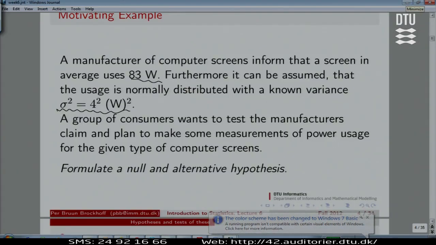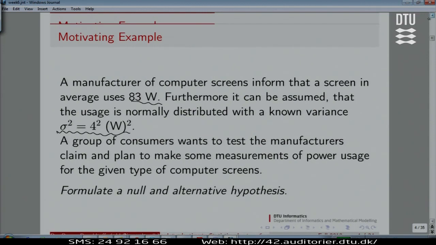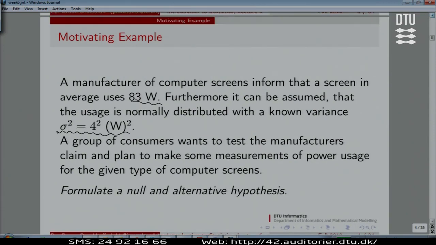Let's move on there. Now, let me give you part of the result already. The first part of the exercise says: formulate a null and an alternative hypothesis. That's the kind of terminology that we are going to learn to use now. The way we're going to express it here is that the claim of the company would be the following.